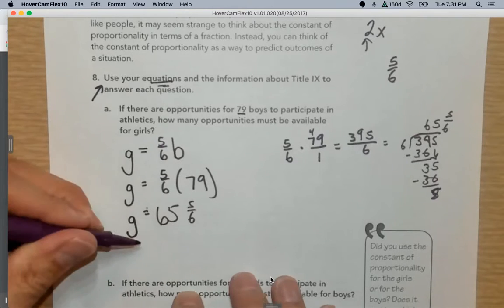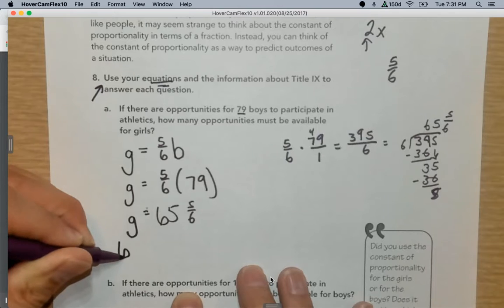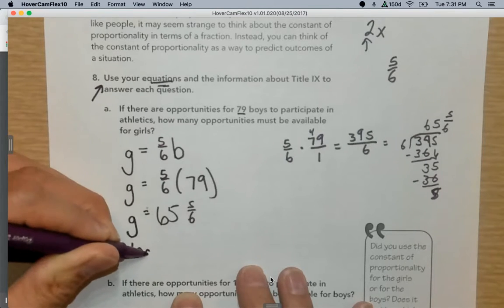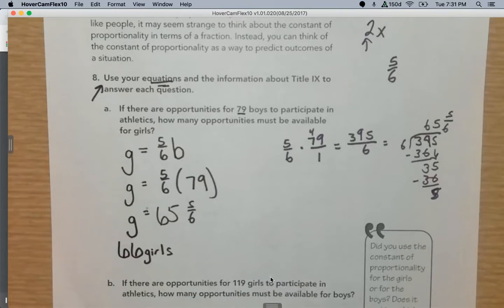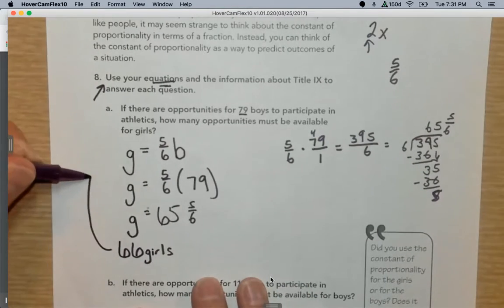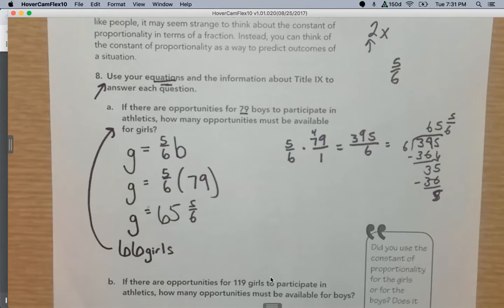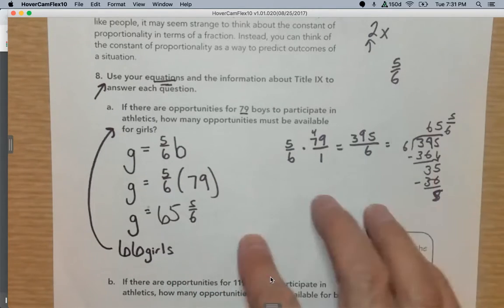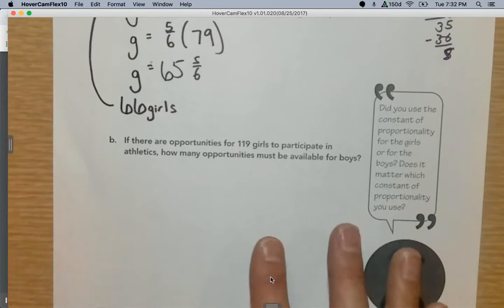And so what makes sense in this question is that there should be 66 girls given opportunities to participate in athletics so that it follows Act 9 and would be proportional to the boys. Okay? And so that's kind of what they're saying. The fraction here doesn't make sense. And so I need to just think of the problem situation here.